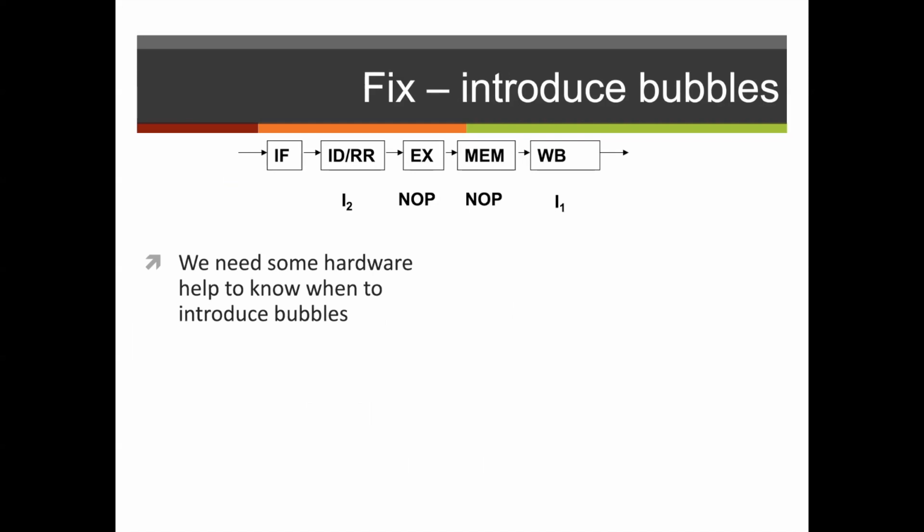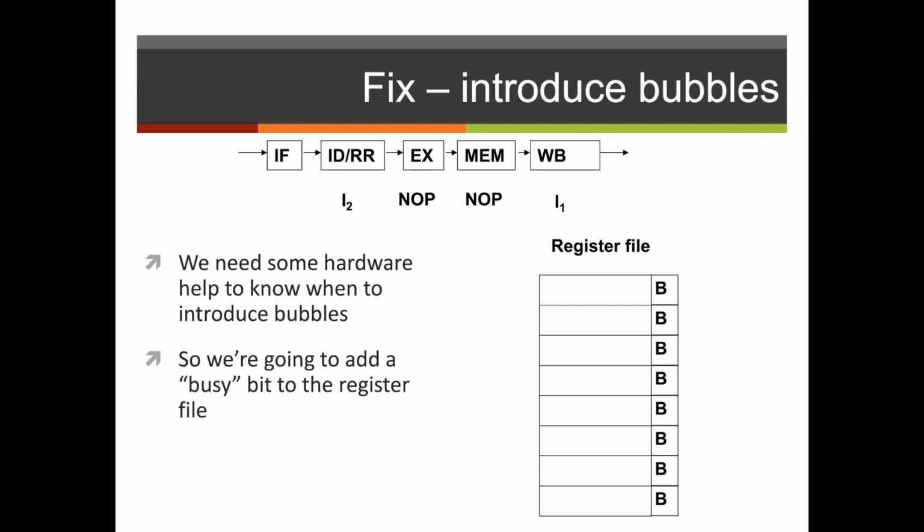But we'll need specific hardware that will enable us to know exactly when we can introduce these bubbles or no-op instructions. And so we're going to add a bit to our register file known as a busy bit.